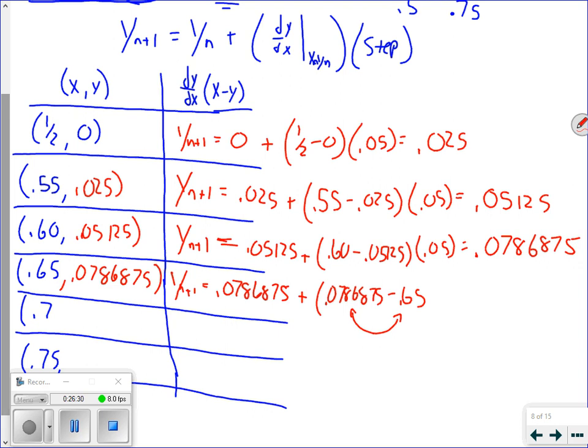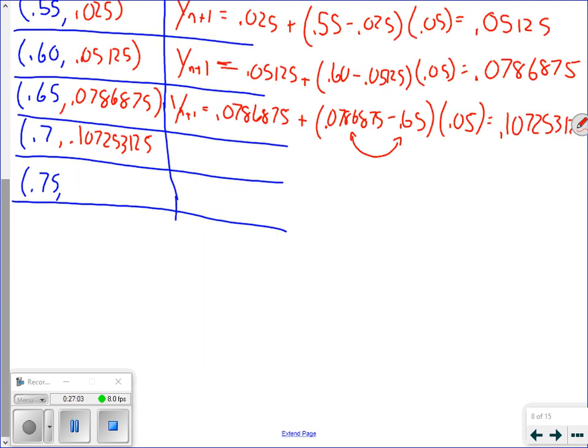So 0.65 minus 0.0786875, times my step size of 0.05. And I'm getting 0.107253125. So I'm going to put that right here. 0.107253125.